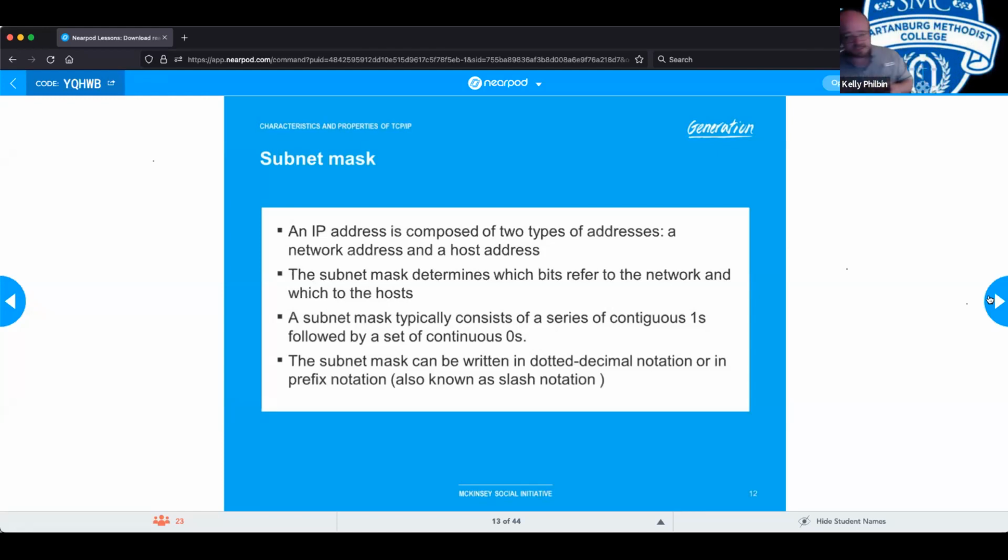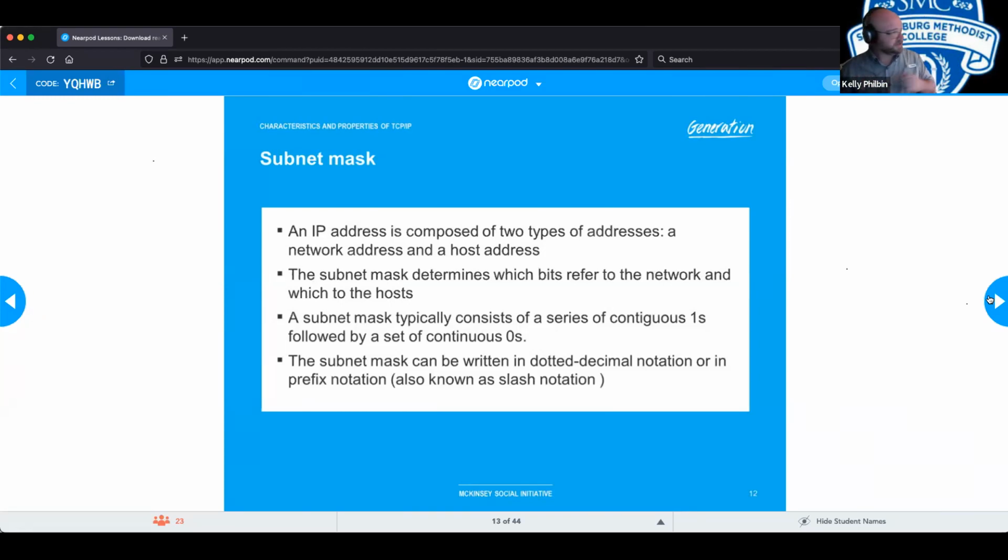The last 2 octets would be zeros, notated as 0.0. After that, the IP address comes through, 192.168.15.0. It can say, okay, the 192.168, that's my network, and then the .0.0, that's my host.